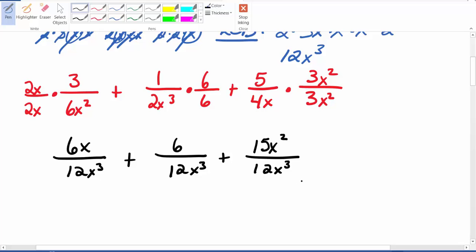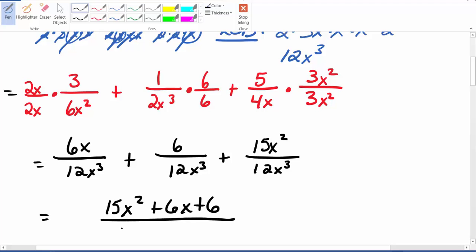Now that they have all of the same exact bottoms, we can go ahead and combine our tops. And when we do that, we end up with 15x squared plus 6x plus 6 all over 12x cubed.